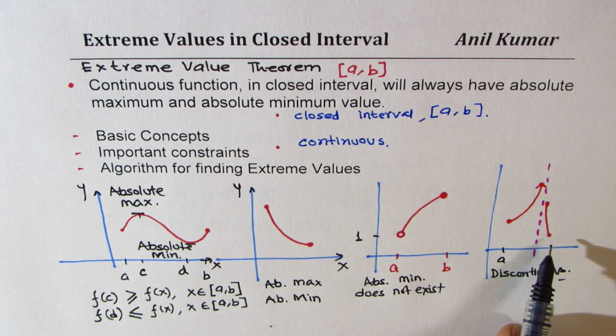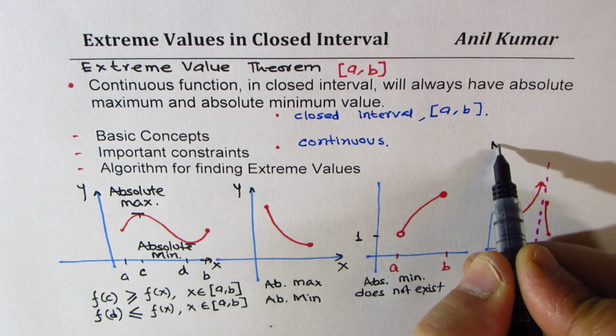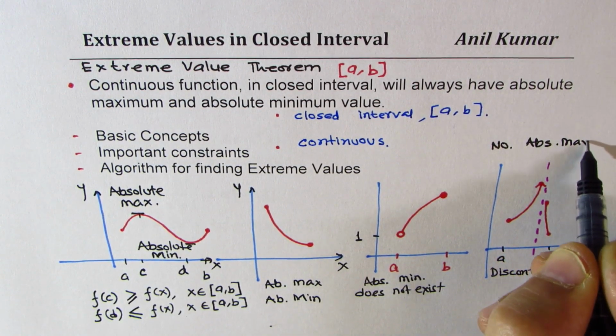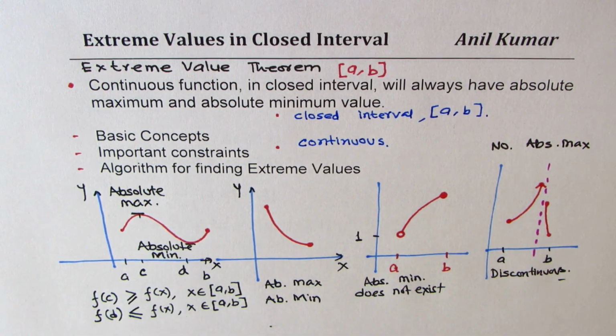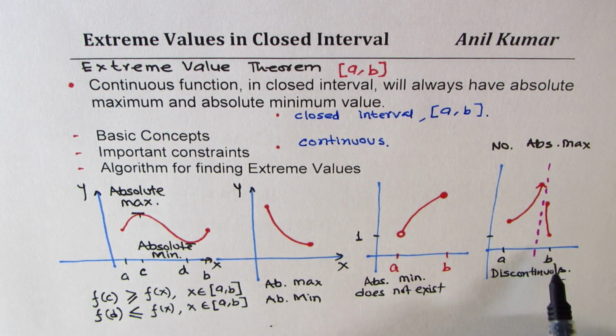So what do you observe here? That we do not have absolute maximum, right? Since it is approaching infinity, which is not defined, we do have absolute minimum here, right? We have an absolute minimum in this case.